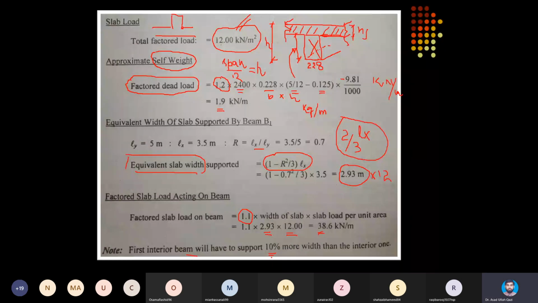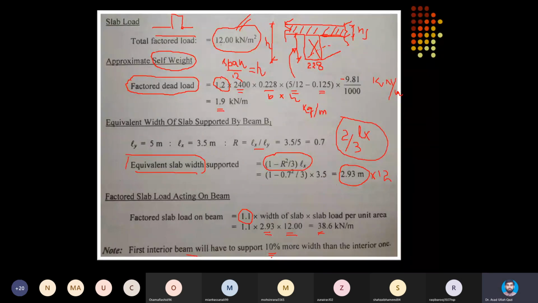So that is the reason, over and above, one other factor 1.1, increasing the load transferred on the beam by 10%, is selected here for the first interior beam.